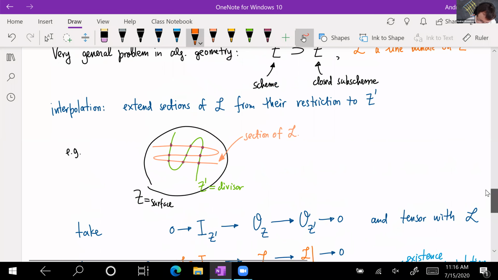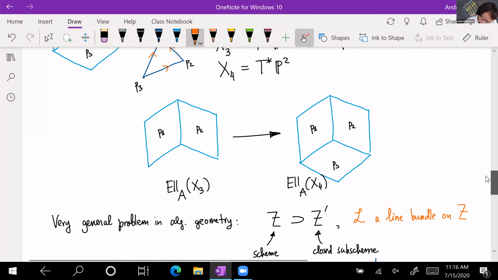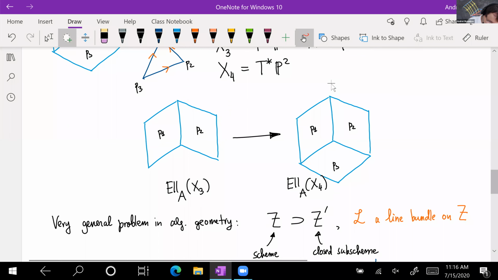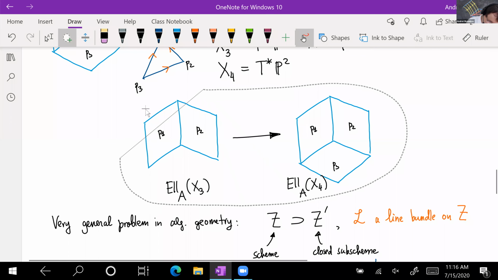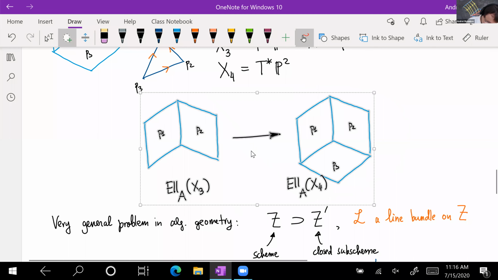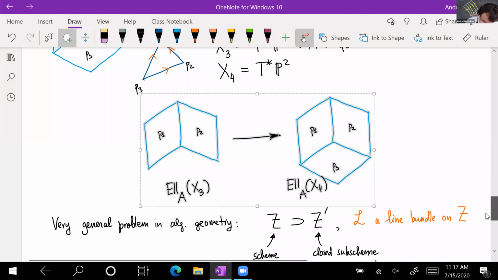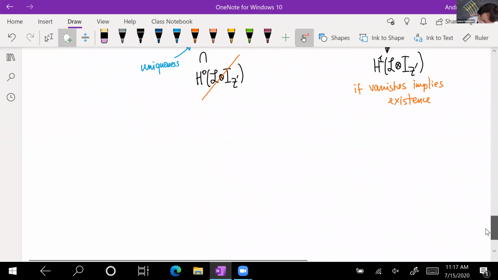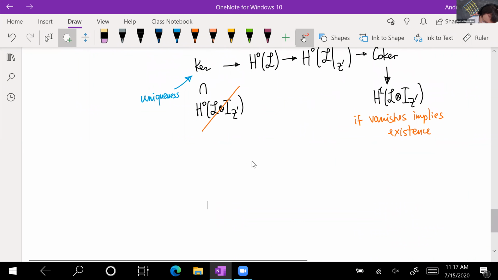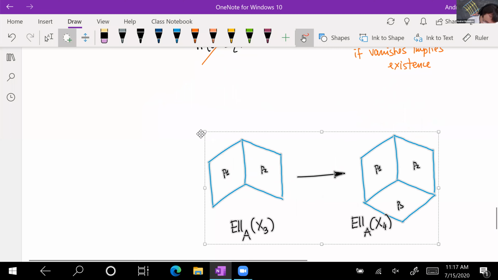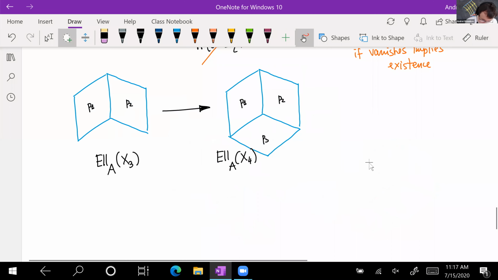So now what is it going to look like in our case? Let's just go back to this example. What is that ideal sheaf?